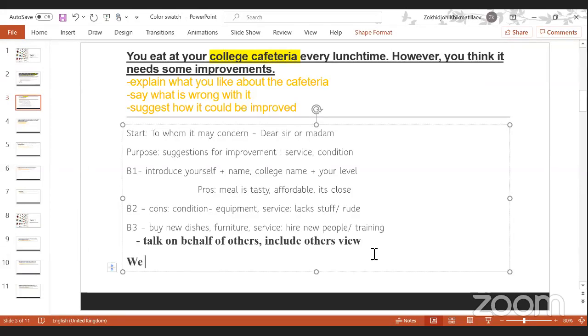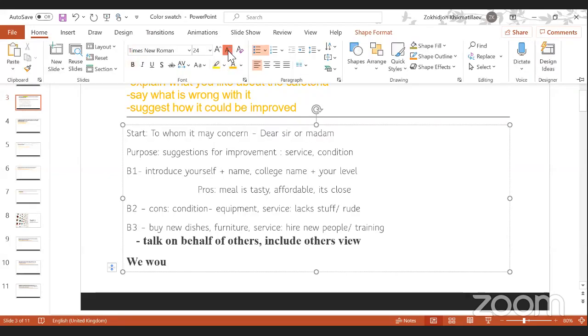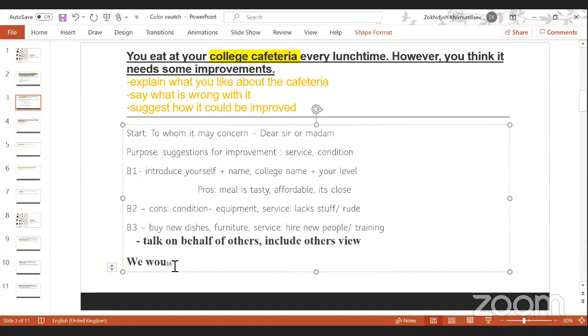Okay. And then you state your name, and that's how you end your email.